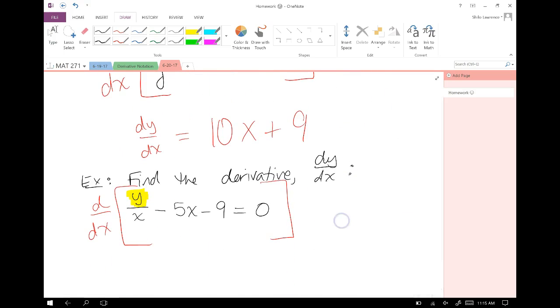So technically, we have to do quotient rule here. Y is a function of x. So we have a function of x on top, we have an x on the bottom. We have to do quotient rule for that first piece.